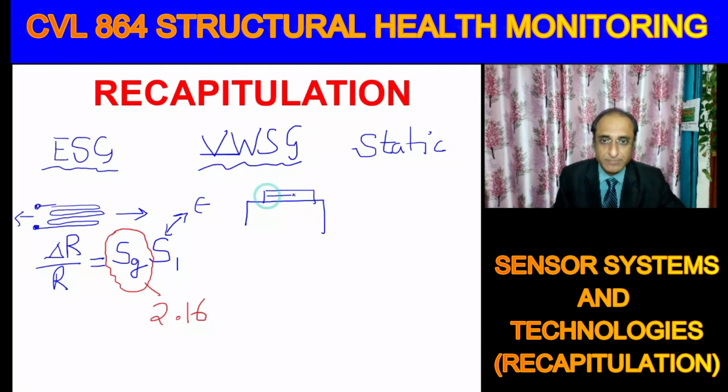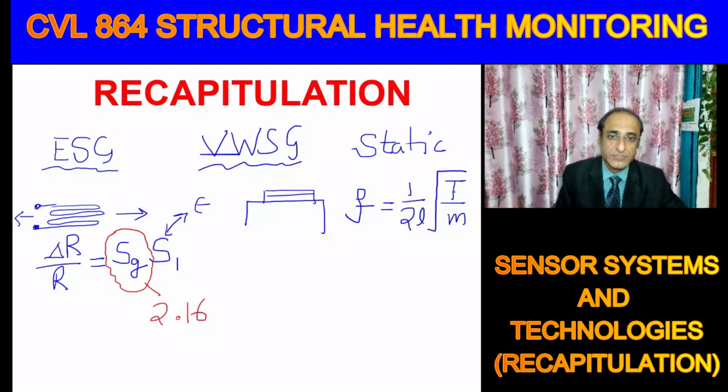What we measure is the frequency of vibrations, and this is given by the simple law of physics: f = 1 by 2L under root T by M. T is the tension, M is the mass per unit length.